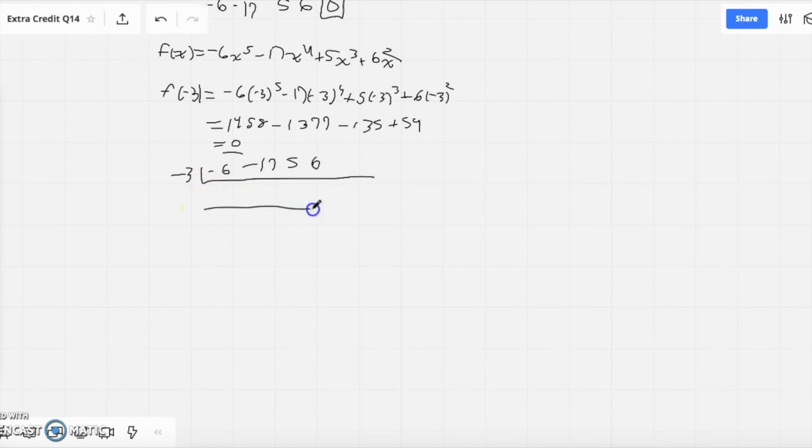We drop down the negative 6 and multiply. Negative 3 times negative 6 is 18. Then you add those together, which gives 1. 1 times negative 3 is negative 3. Add those together: 5 plus negative 3 is 2. Then negative 3 times 2 is negative 6, which finally comes out to 0.